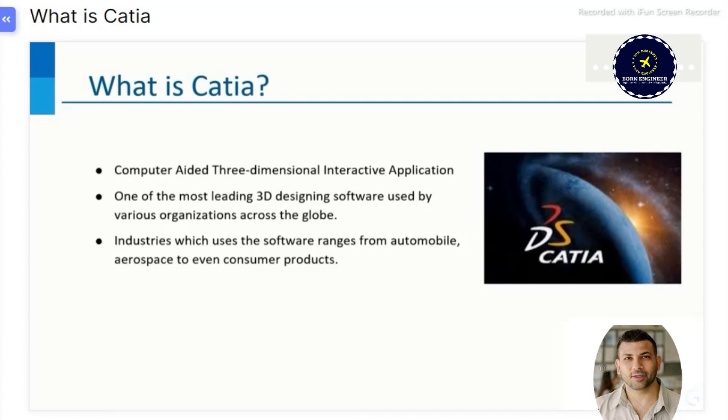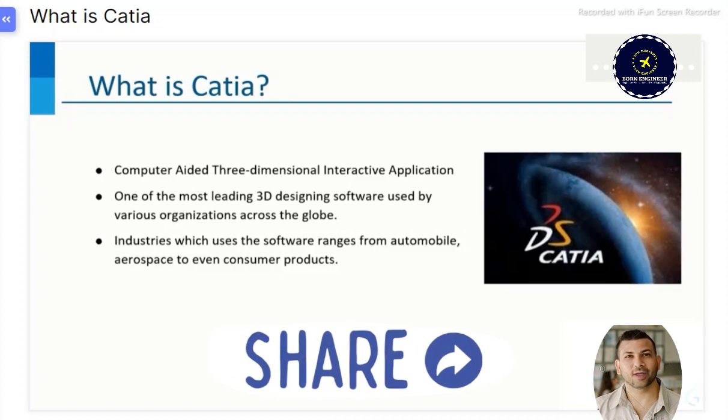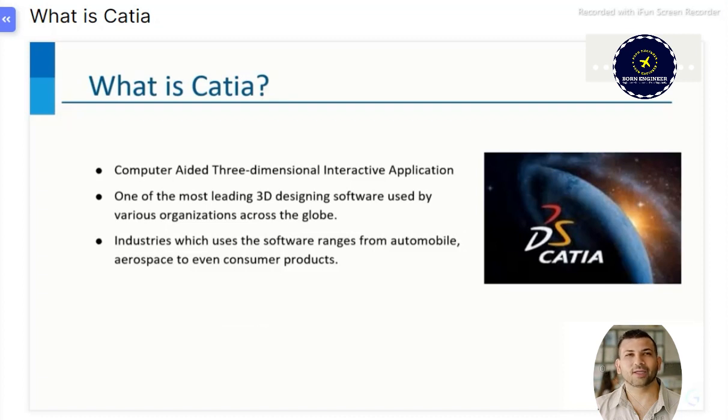That is one of the main pieces of information which I would like to share with you by explaining what is CATIA. It is one of the most leading 3D designing software available to us around the globe, right?